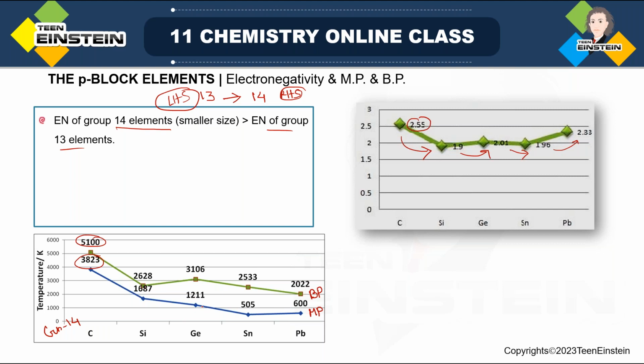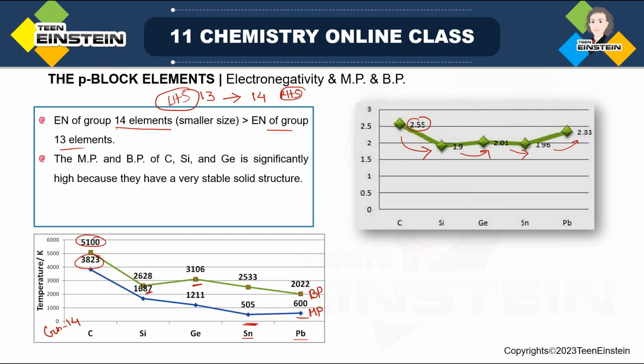For melting point, there is a slight discrepancy, 505 and 600 Kelvin, when moving from tin to lead. Otherwise, it decreases. For the boiling point, there is a decrease, but for silicon and germanium there is some discrepancy. Otherwise, it is more or less a decrease.